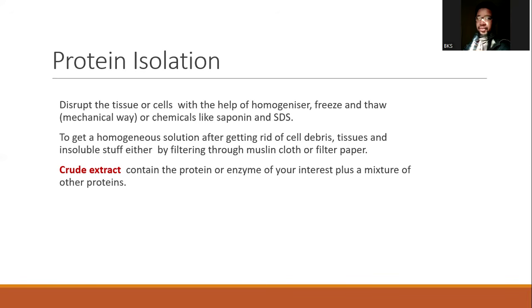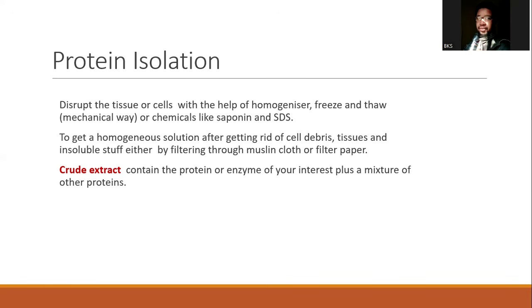So when this has happened, the most important thing now is to determine where the protein is located. If your protein is located in the cytosol, then you can centrifuge your lysate, the crude extract. When you centrifuge your crude extract or cell lysate at 1000 g, you will have your supernatant, and you will have some components found as a pellet.